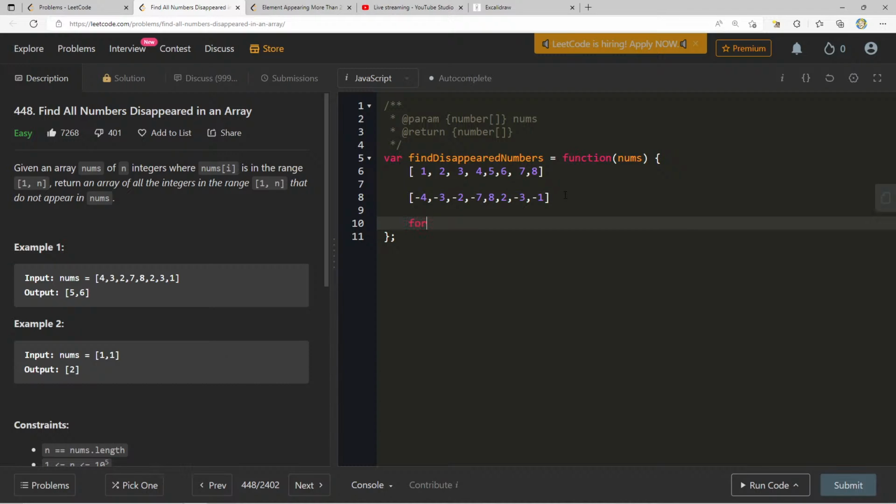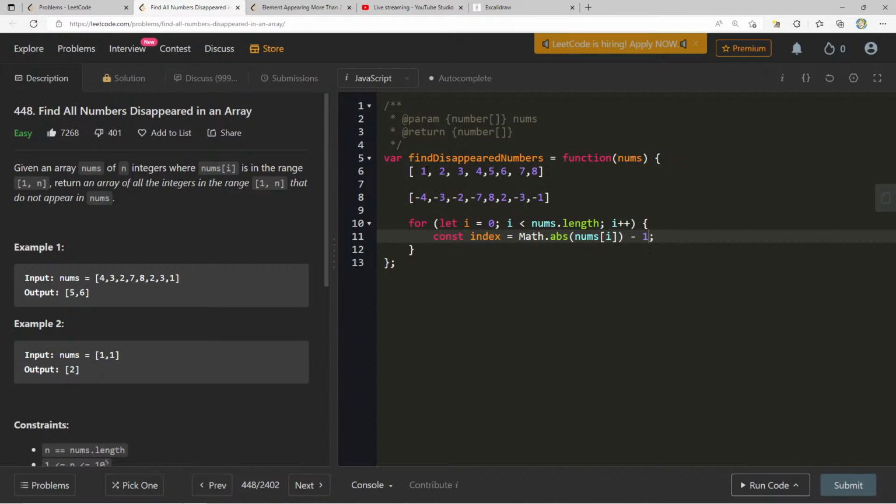So for let i equals 0, i less than nums.length, i++. Now the first thing we want to do is get the index. So const index is Math.abs of nums[i], so 4 minus 1, 3. We want to do the minus 1 afterwards.